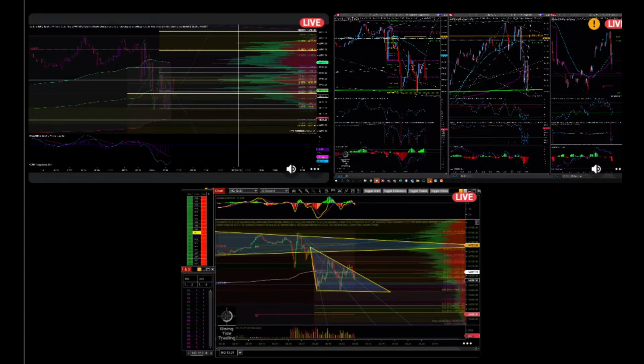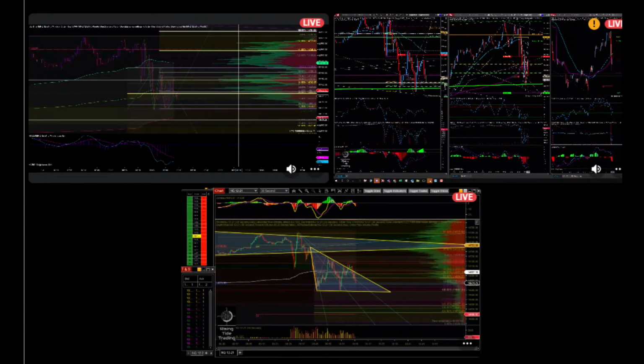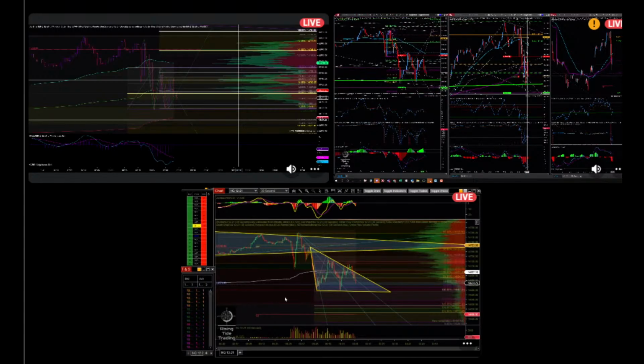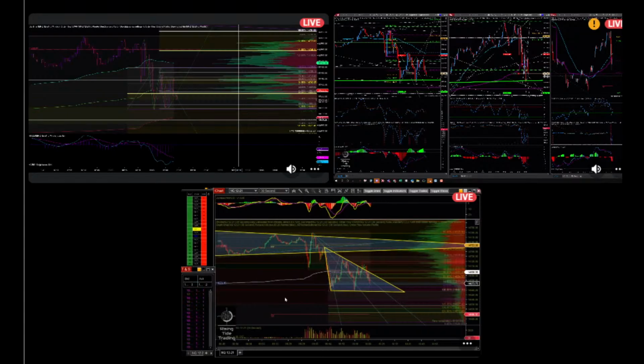Yeah, looks like it has made up its mind where it wants to go from here. Yeah, I hate when those symmetrical triangles work.